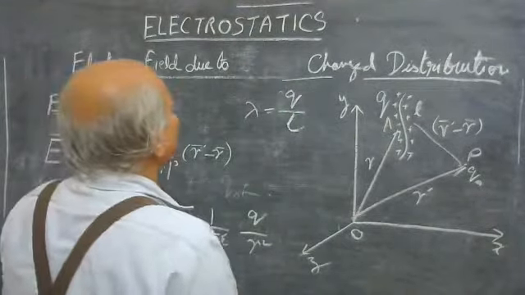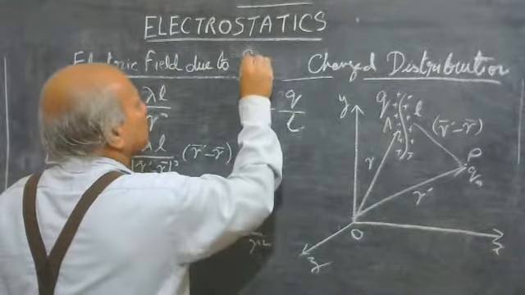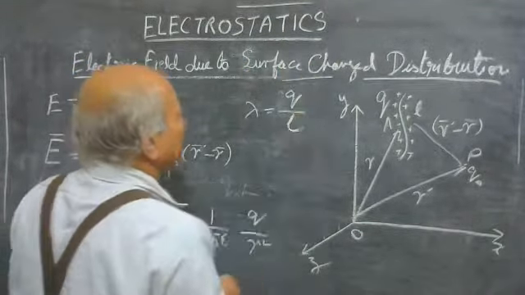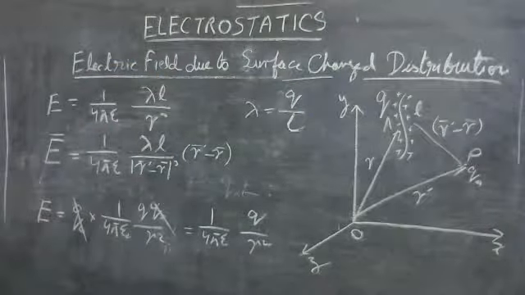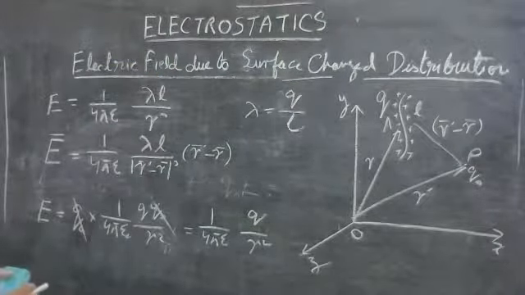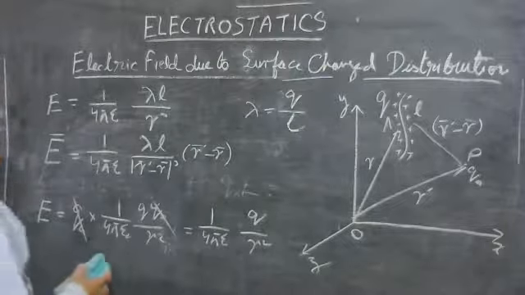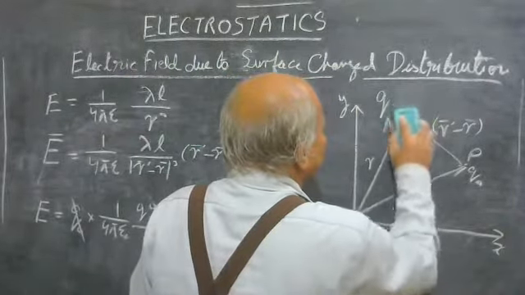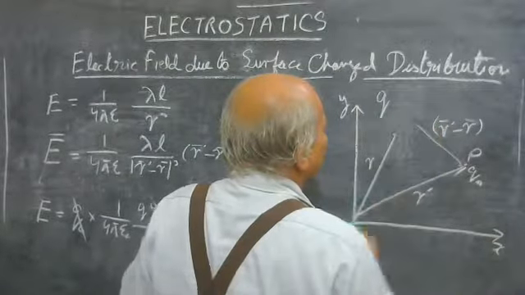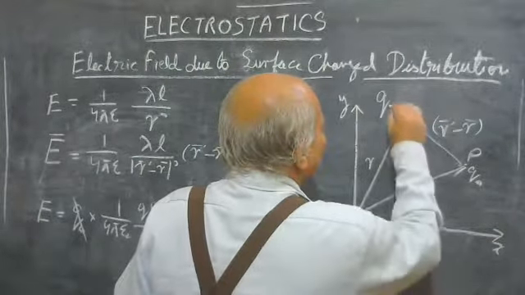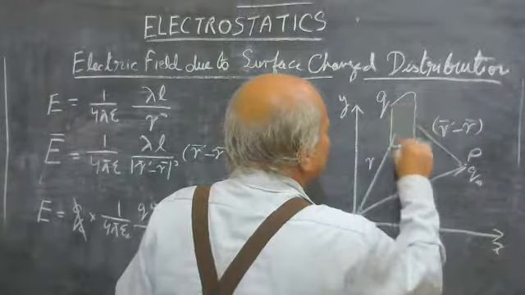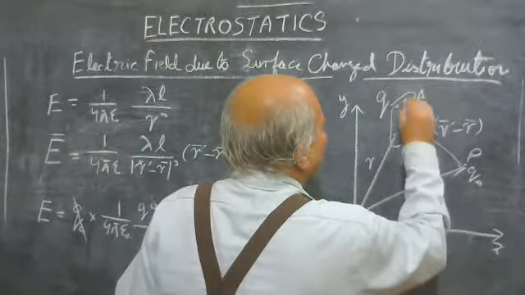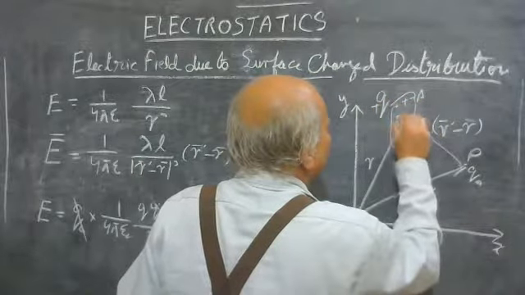Now I want to find out surface charge density. In case of surface charge density, we take a sheet whose area is A and a positive charge Q is given to it.